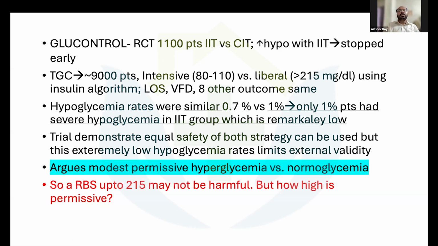But in this trial, surprisingly, despite this tighter sugar control, the incidence of hypoglycemia was only 0.7%, less than 1% in these patients, which is surprisingly low.